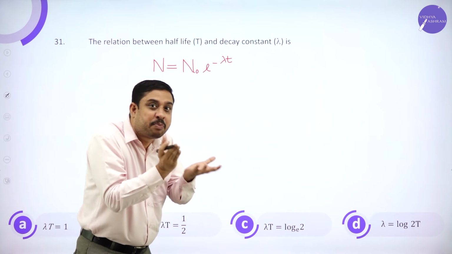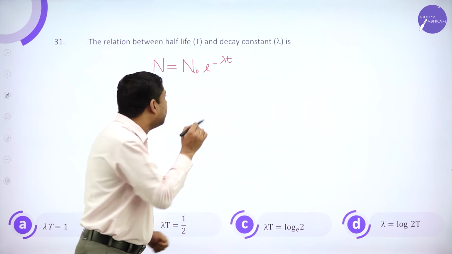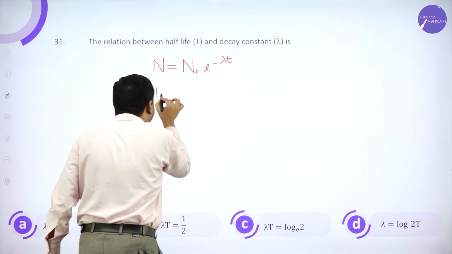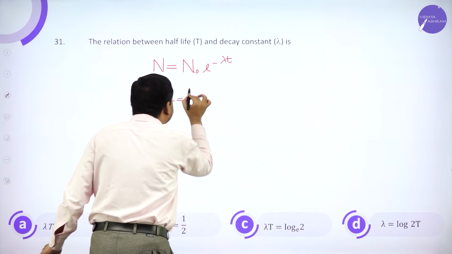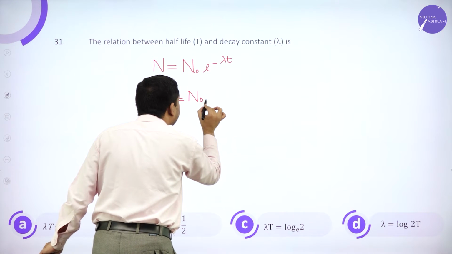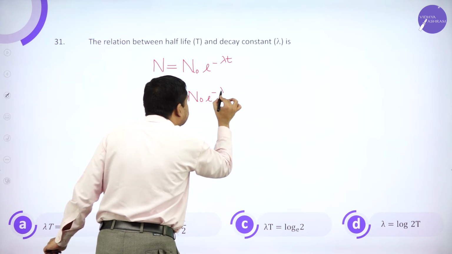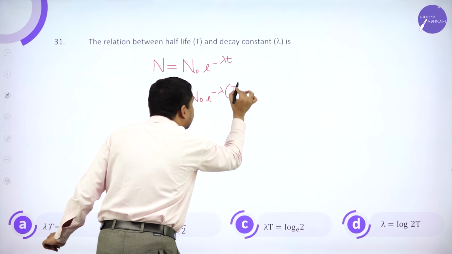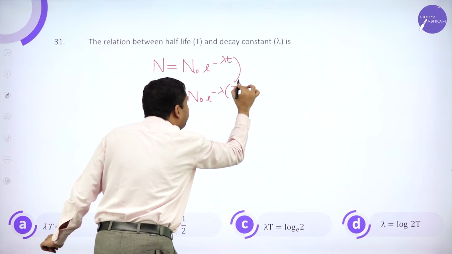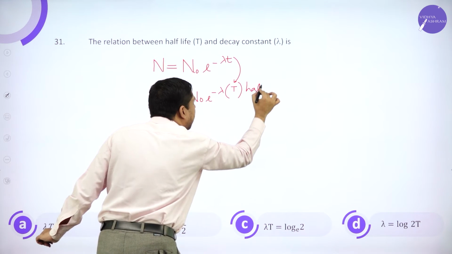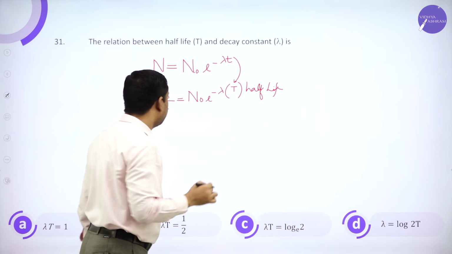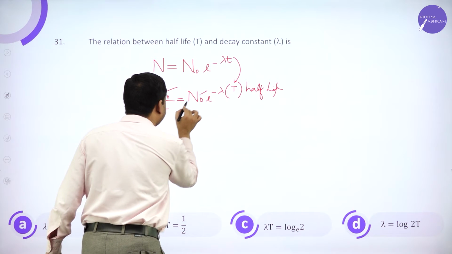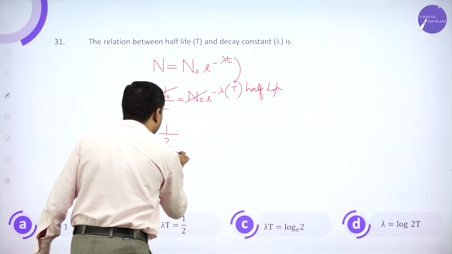The concept of half-life means N is N naught by 2. This is N naught e power minus lambda T, when the time period is capital T, which is the half-life.